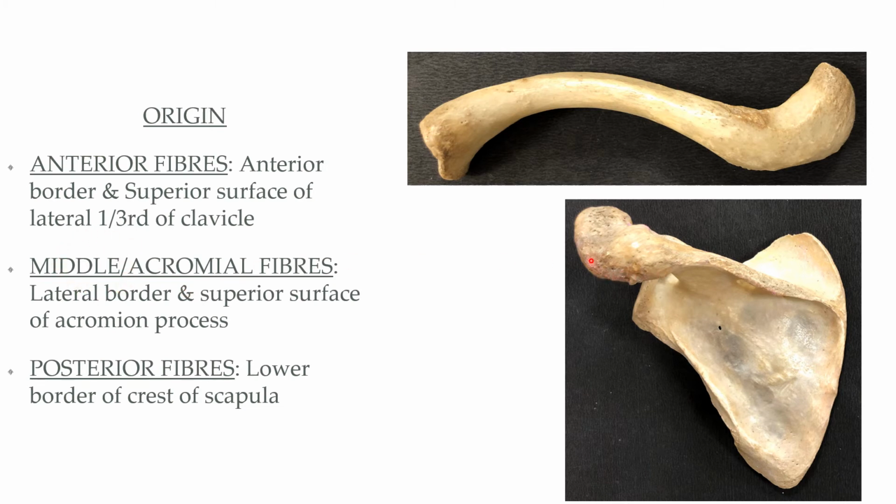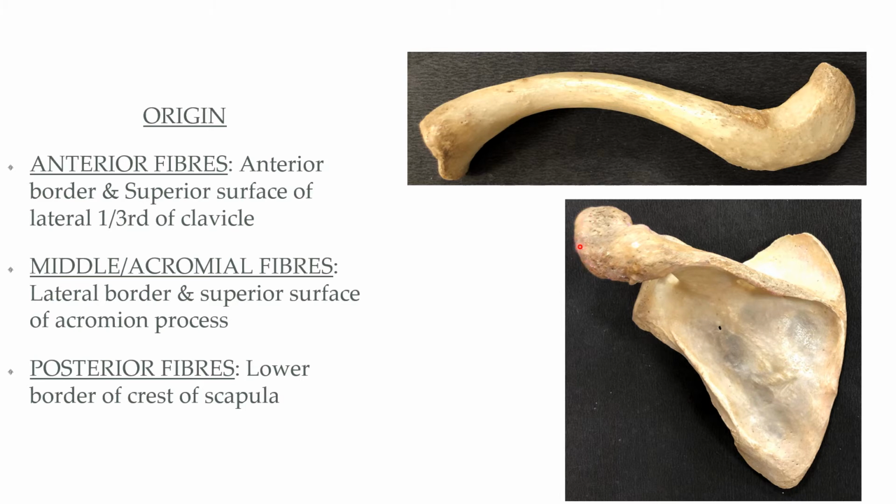This lateral border of the acromial process consists of tubercles, which represent the site of attachment of intramuscular tendon of the middle fibers of the deltoid. As we know, the middle fibers of the deltoid are multipennate muscle.